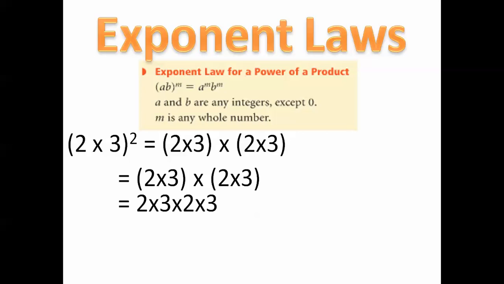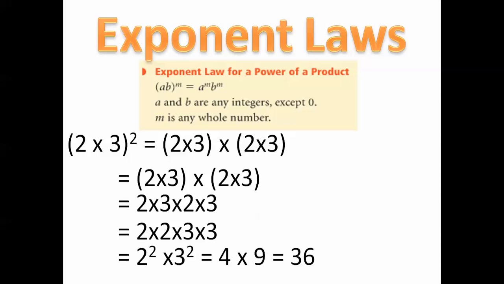We also know that when we are doing multiplication, order does not matter. So we can rearrange this as 2 times 2 times 3 times 3. But this can be rewritten as 2 squared times 3 squared, which equals 4 times 9, which equals 36. So as you can see, we just apply the exponent to both of the base numbers.